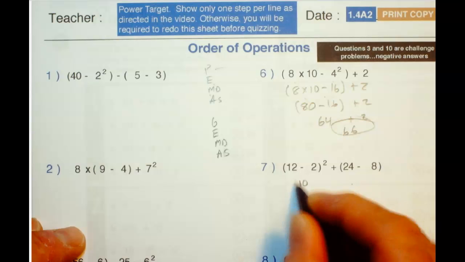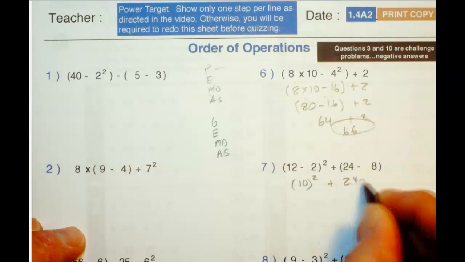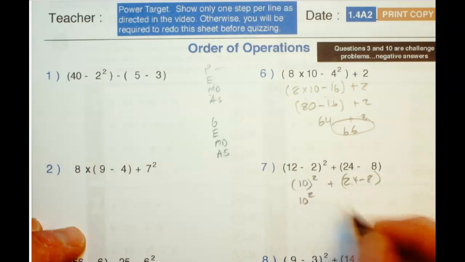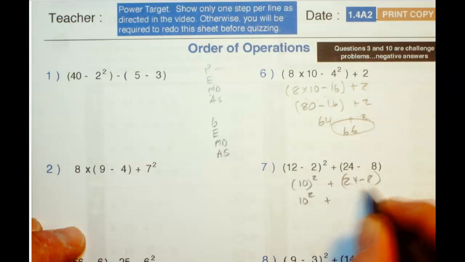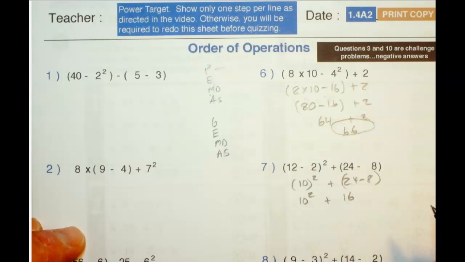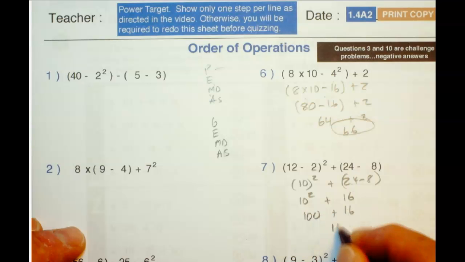So we have 10, which is going to be squared, plus 24 minus 8, and that's still inside parentheses. So leave the 10 squared. We have to do 24 minus 8, which is 16. Now we can do the exponents, which is 100 plus 16, or 116. That should be your answer for that one.